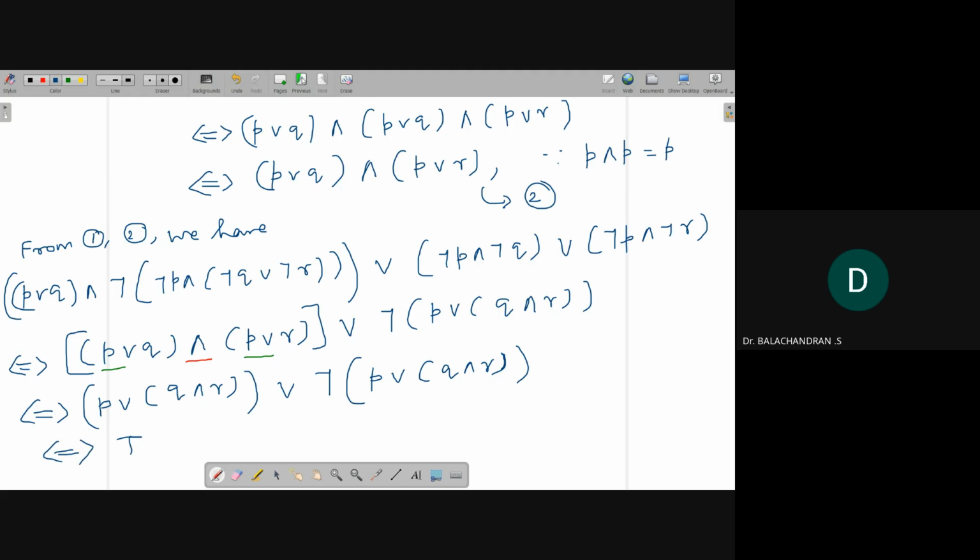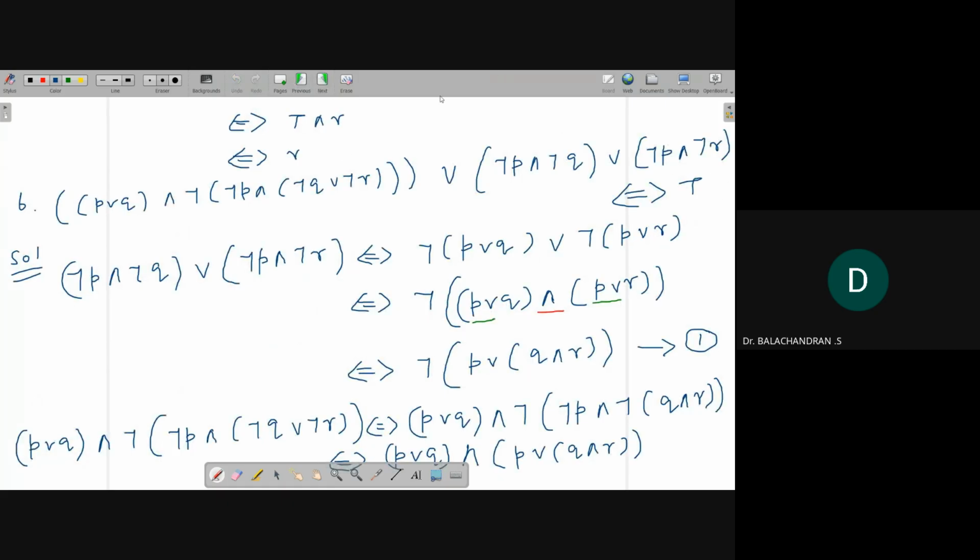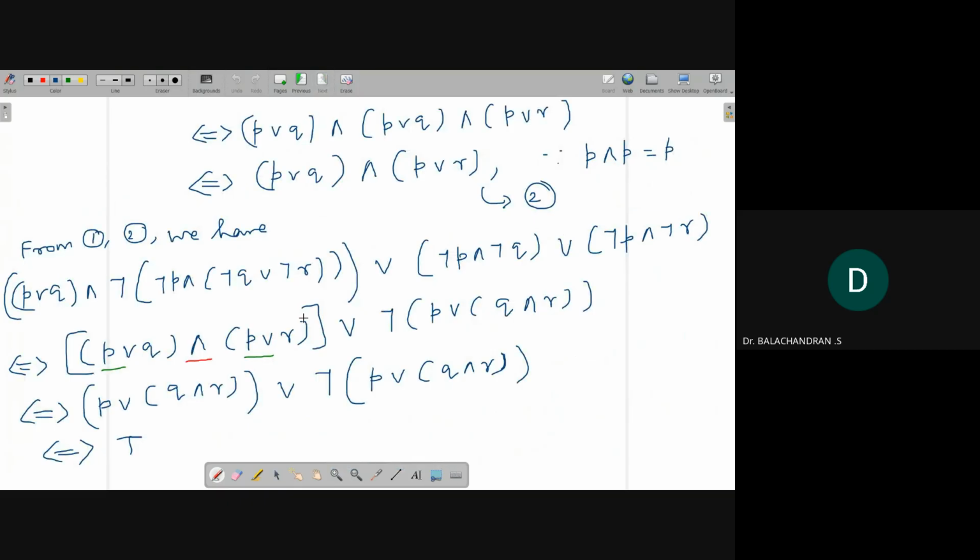True. So that is what I want to show. So the replacement process is nearly over.